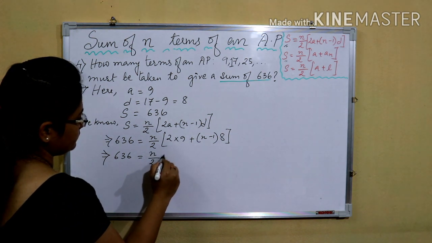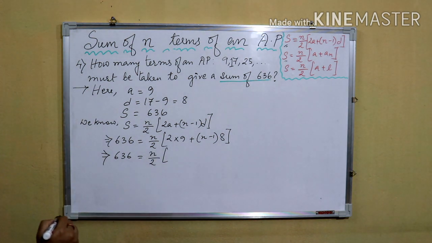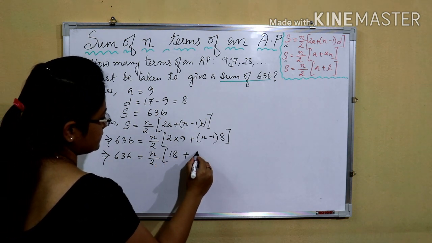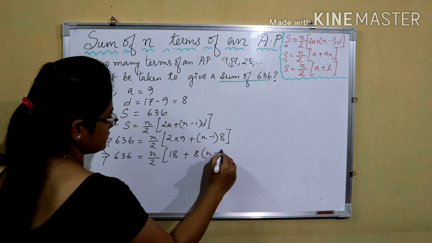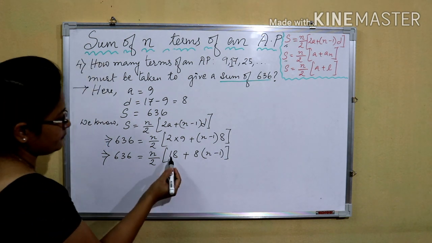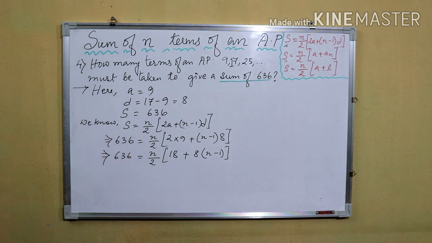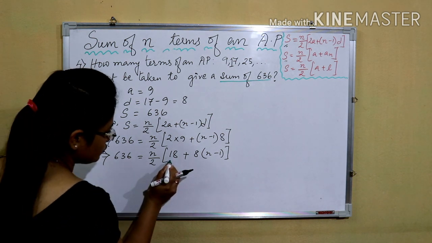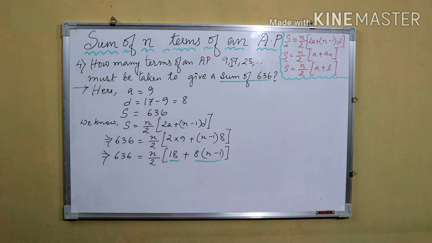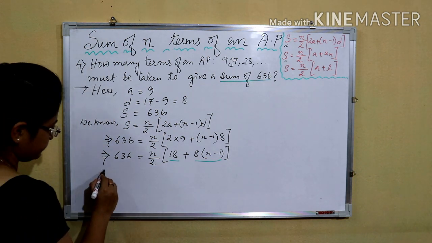n by 2, 2 into 9 is 18, plus 8 n minus 1. So from this, 18 and 8, two parts are there, 18 and 8. From 18 and 8 we can take 2 as common.